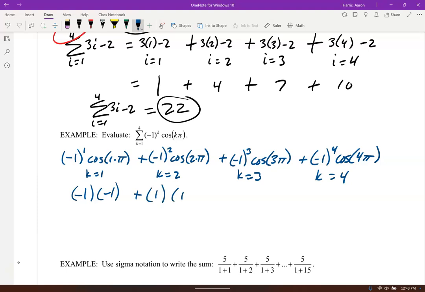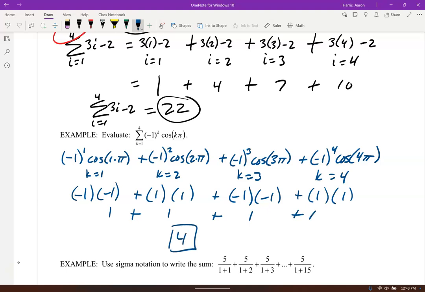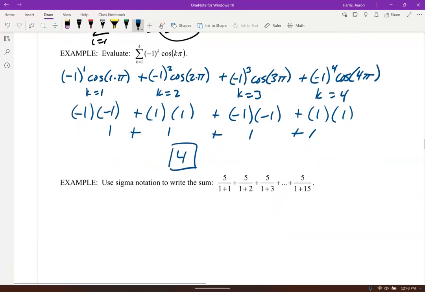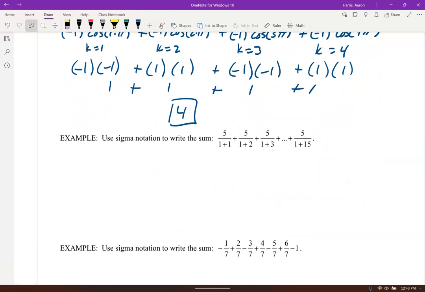Cosine of 2 pi is 1. Negative 1 to the 3rd is negative 1. Cosine of 3 pi is negative 1. Negative 1 to the 4th is a 1. Cosine of 4 pi is 1. So it looks like I got 1 plus 1 plus 1 plus 1. So in this case, it just ends up being 4. Again, this is your sigma notation.